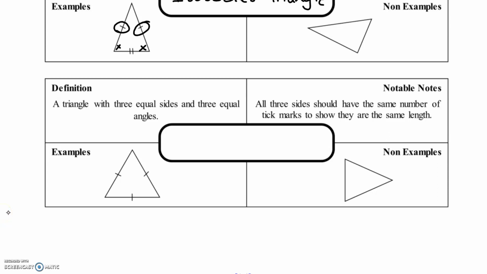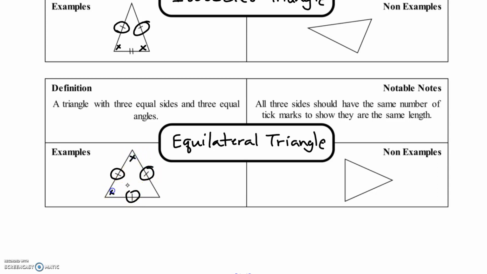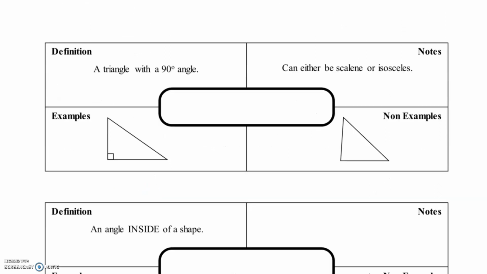The last one on this page is a triangle with three equal sides and three equal angles, and that's called an equilateral triangle. And again, we can see by the markings that all three sides are exactly equal, and so are the three angles.